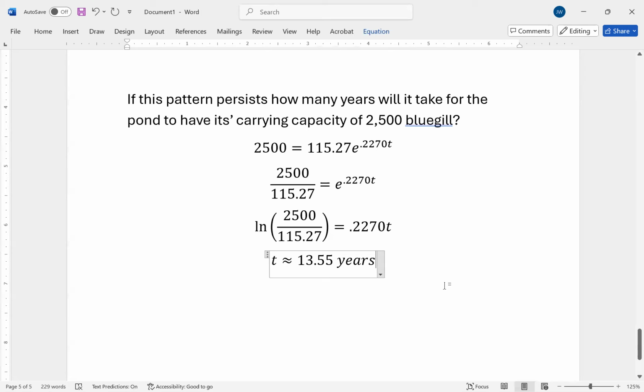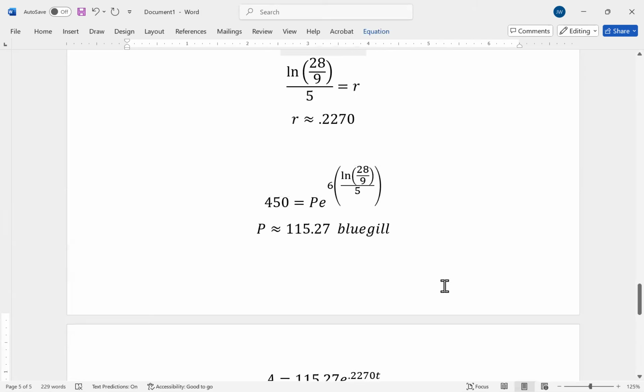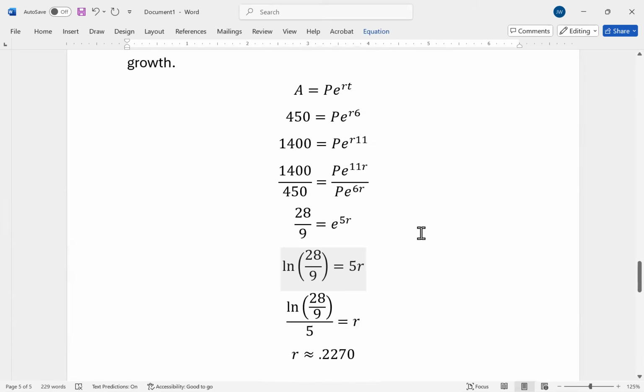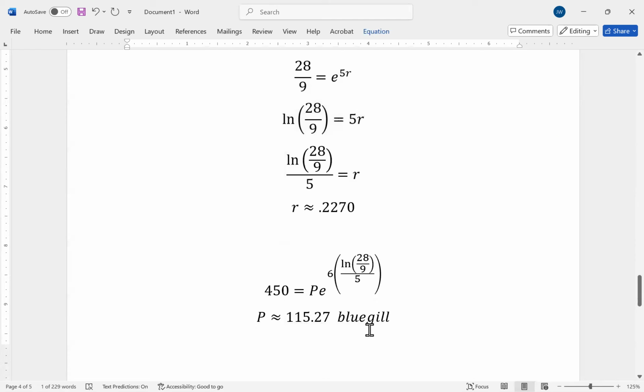So there we go. Now the key thing there was this technique that since we have one piece of information and another piece of information, that's like 2 points on our graph, we can divide both sides and come up with the R value.